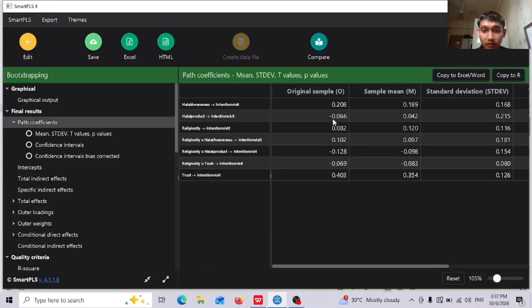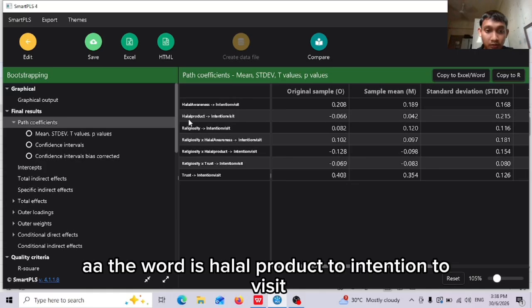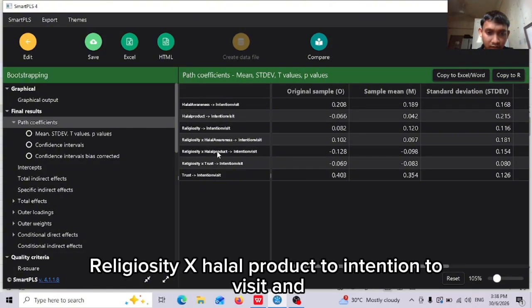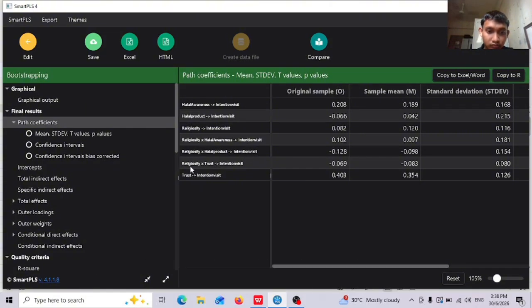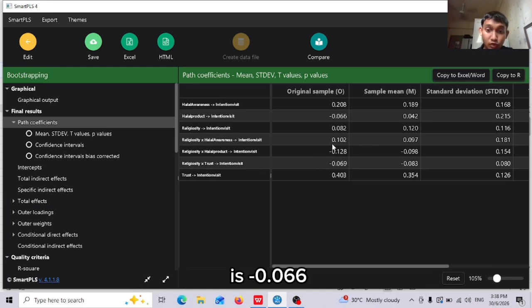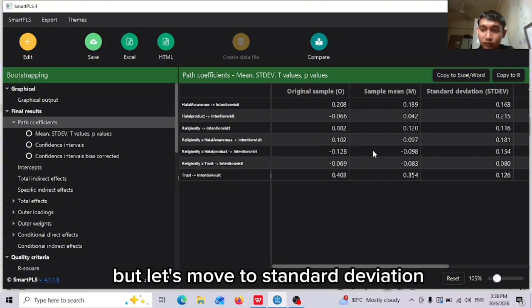The variables are halal product to intention to visit, regularity x halal product to intention to visit, and regularity x trust to intention to visit. They are negative 0.066, 0.128 and 0.0969. It's quite okay, but let's move to the standard deviation.